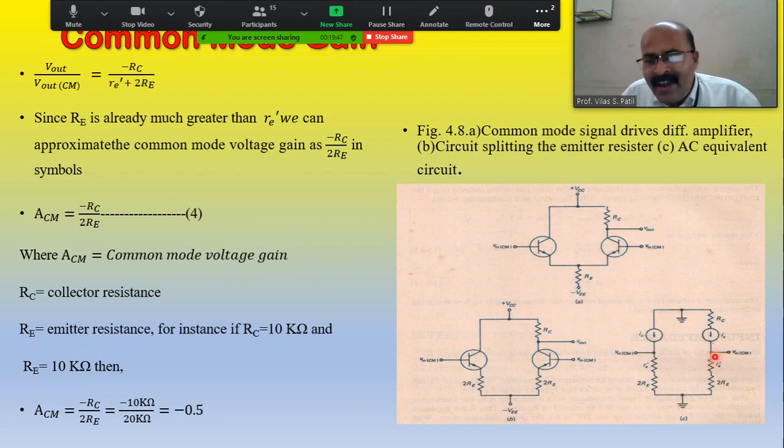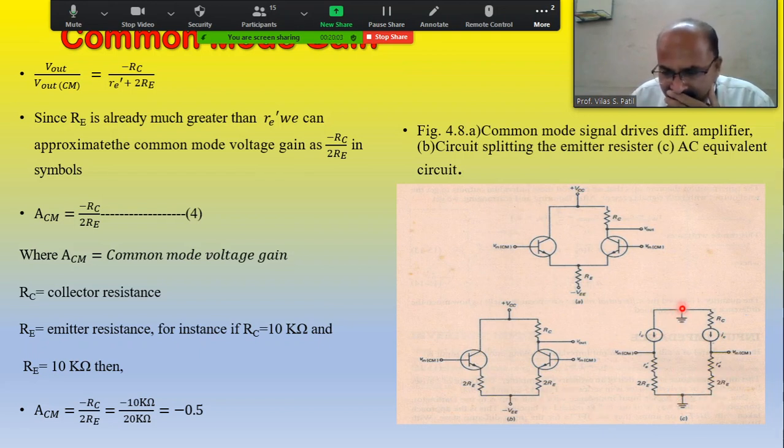We know that in the last lecture we saw the differential mode, and the current present in the emitter is R dash E, and at the end it goes to 2RE.